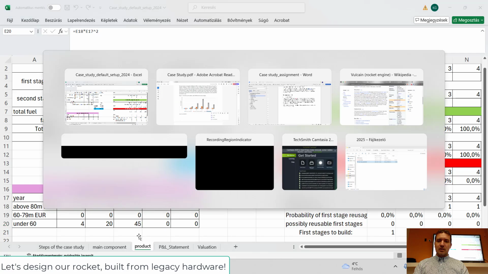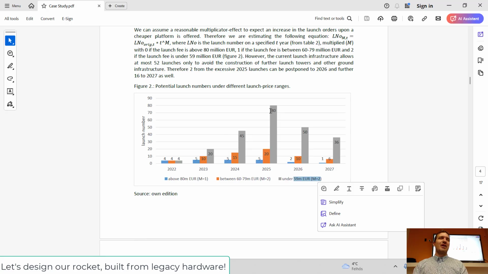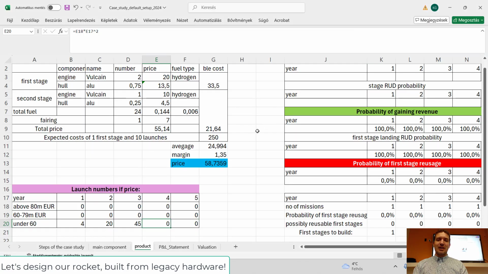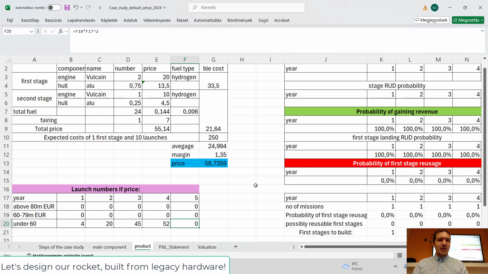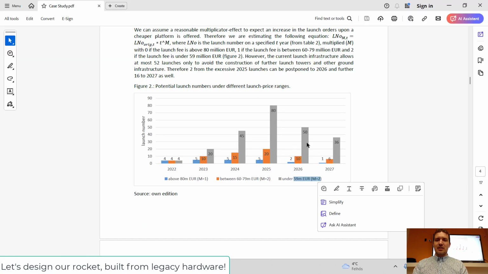And, okay, in this case we cannot launch 80 because we have only one launch platform. So in this case we are limited to 52, because usually from one launch platform we can see one launch in a week. So that's the highest launch cadence even at SpaceX. So that's why we are losing this one, and also we have 50.